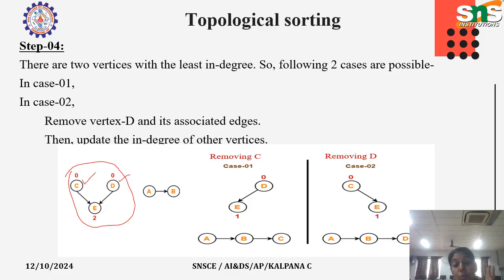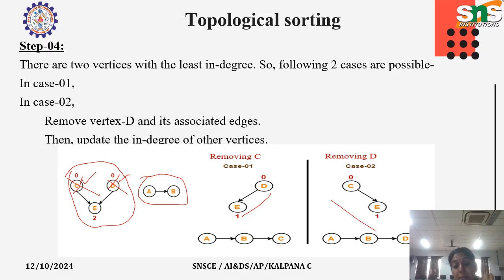I have to choose any one of these two vertices, C and D. As of now we have A and B, and now C and D have 0 in degree, so I have to choose either C or D. In case 1, if I choose C, which means if I remove C, D and E will remain. In the same way, if I choose D and remove D, E and C will remain.